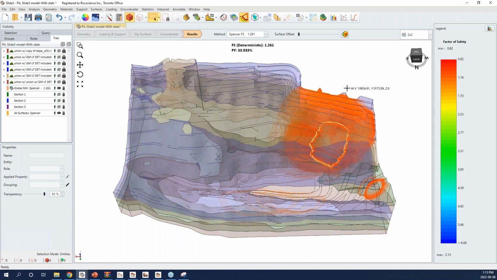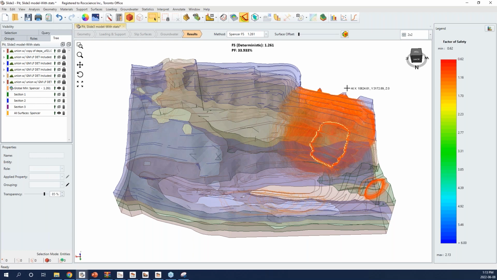And an interesting point, looking at the surfaces: we talked about a new option in Slide3 and Slide2 called multiple modal optimization, MMO, which in the deterministic analysis gives you a couple of minimum factor of safety surfaces.